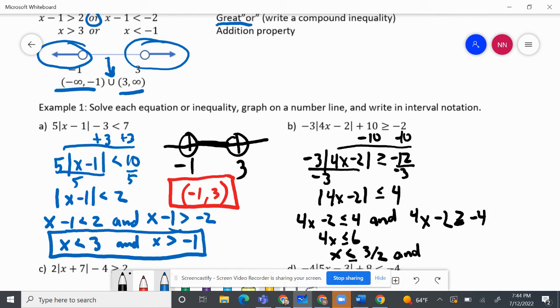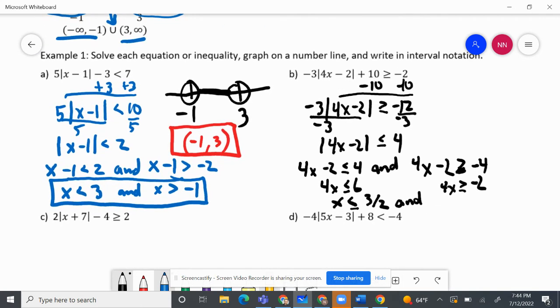For my other one, I add the 2, and that gives me 4x is greater than or equal to -2. I divide by 4, and that gives me x is greater than or equal to -2 over 4, which is -1/2. So that is the problem solved.